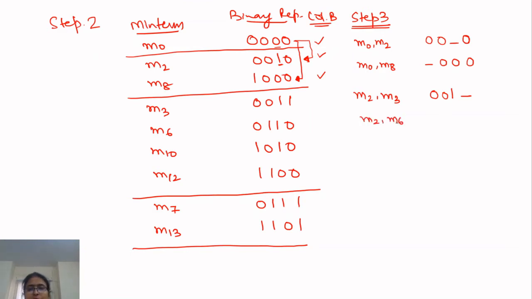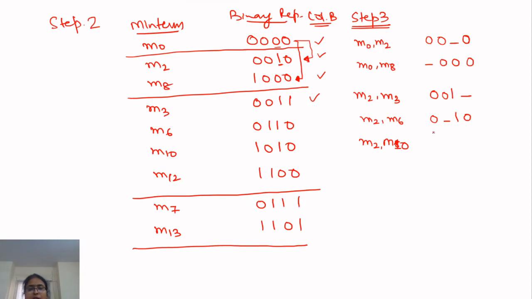So you have to compare each number with every number and make so many pairs. So it is 0 dash 1 0. Similarly m2 with m10, 1 0 1 0, so it is dash 0 1 0.